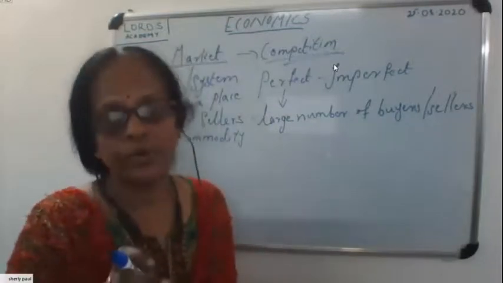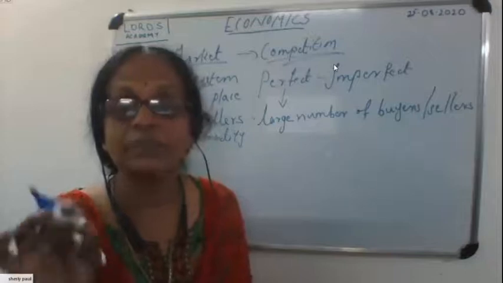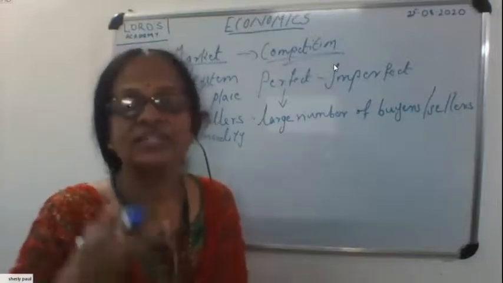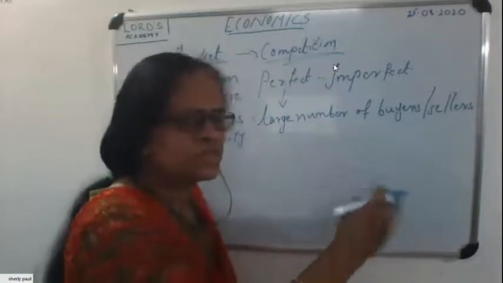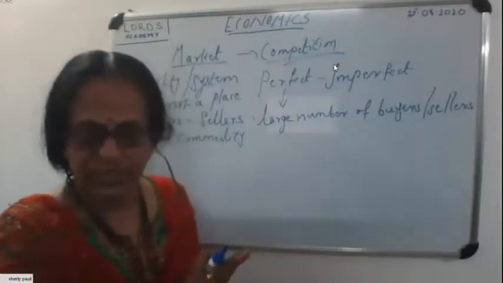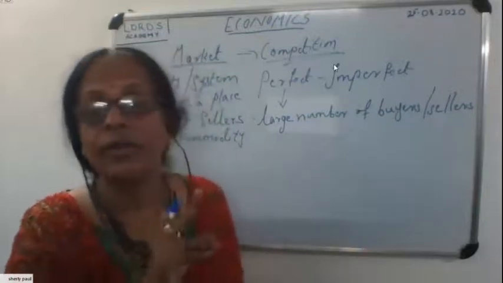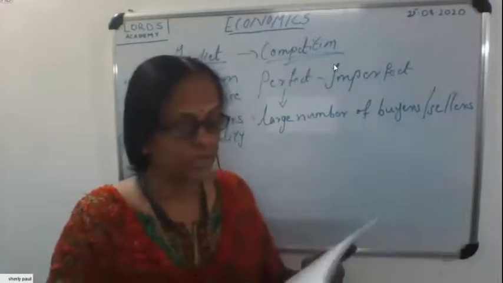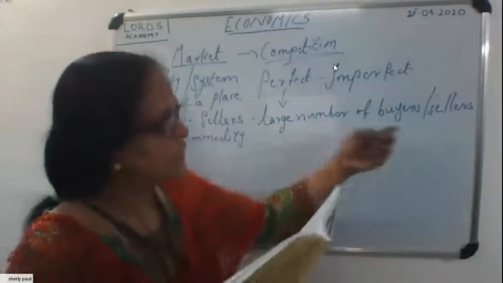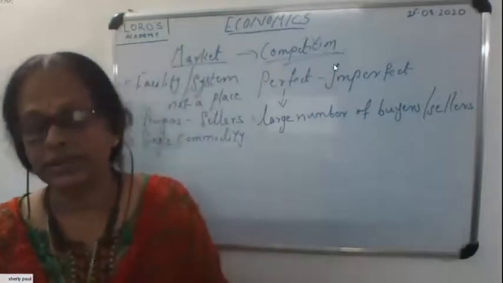Each producer, each seller has to follow the market price. It cannot change the product price, because there are a large number of buyers and sellers of the same product. Clear? Therefore, each firm, that is the seller or producer, is only a price taker, not a maker. This word comes many times in the market.